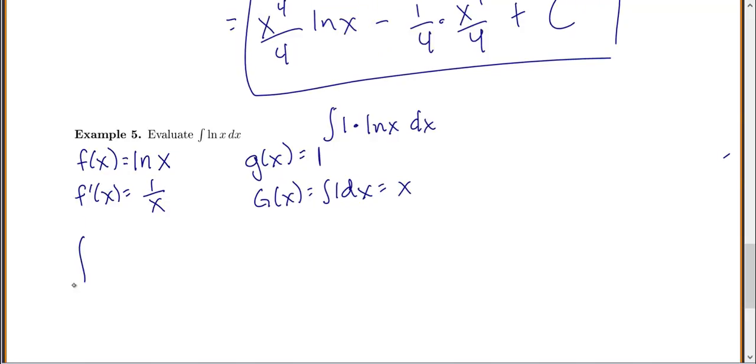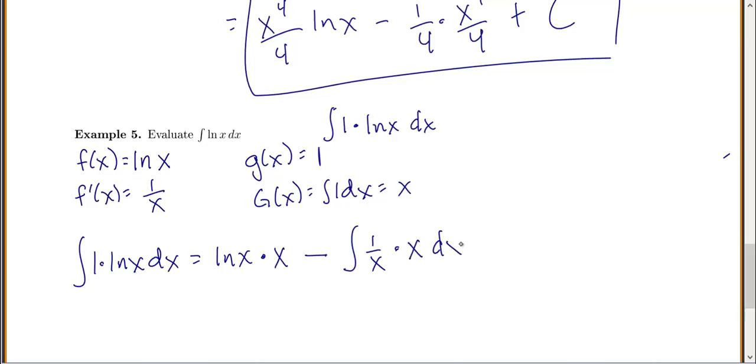So now my integral of 1 times the natural log of x dx is going to be, okay, so we do little f of x, which is natural log of x, times capital G of x, which is x, minus the integral of f prime of x, which is 1 over x, times capital G of x, which is x, dx.